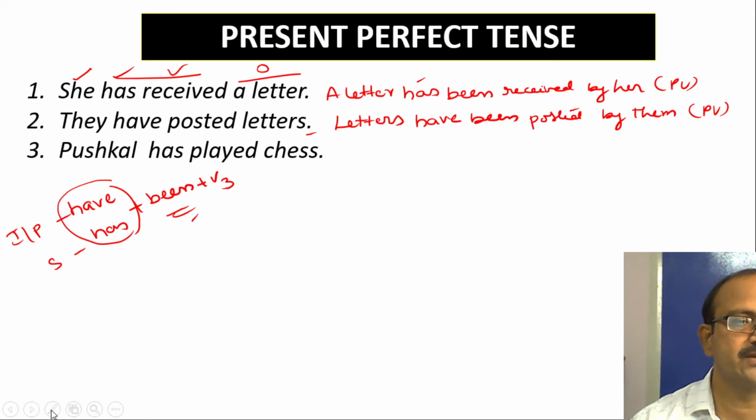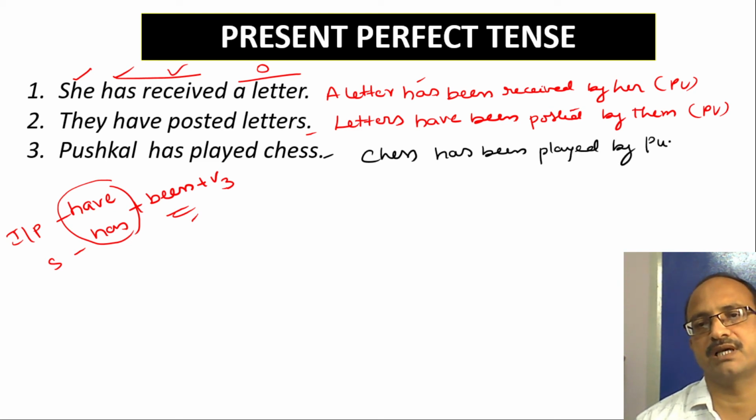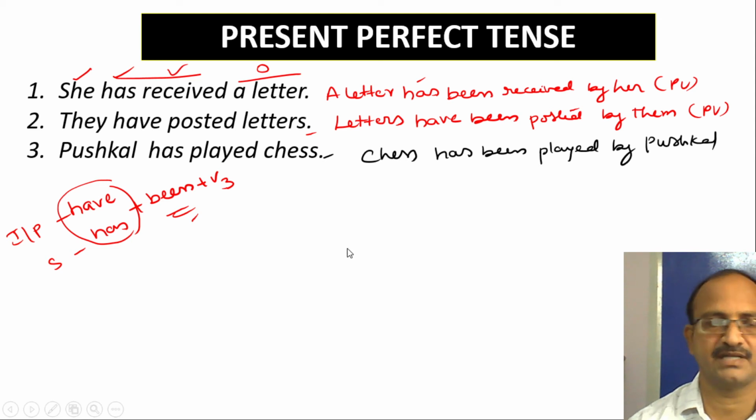Like this, you can change all. Even Pushkar has played chess. Chess is singular, so has been played by Pushkar. Understand? This is active voice to passive voice in the perfect tense model.